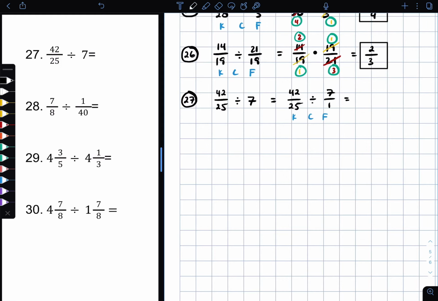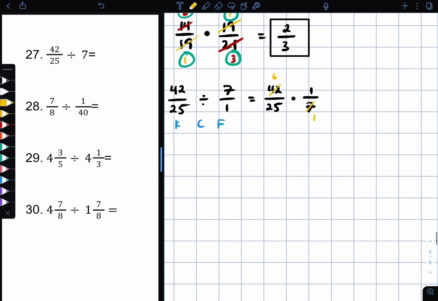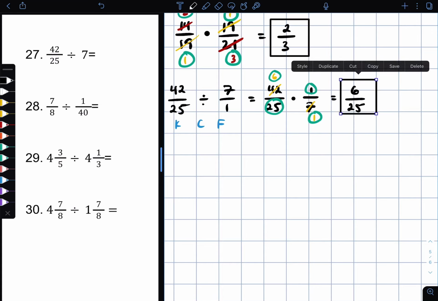So I'm going to keep, I'm going to change, and then I'm going to flip. For 42 and 7, I divide them both by 7 to get 1, and then I get 6 here, and then 6 times 1 on top, and then 25 times 1 on bottom. So on top we'll have 6, and on bottom we'll have 25. That would be the quotient.